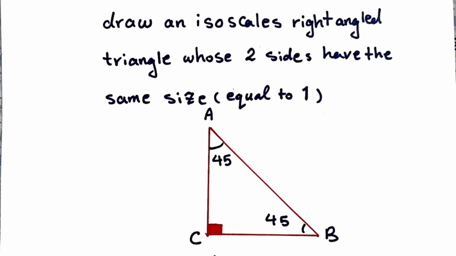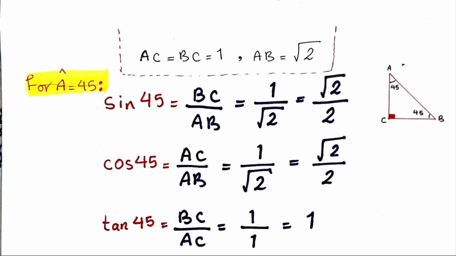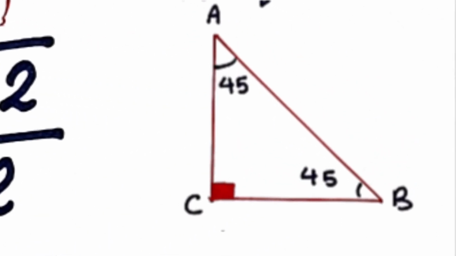If we write the Pythagorean equation for the right triangle ACB, the length of its hypotenuse, that is AB, is equal to radical 2. Angles A and B in triangle ACB are both 45 degrees. It doesn't matter which one we use to calculate the trigonometric ratios of the 45-degree angle.